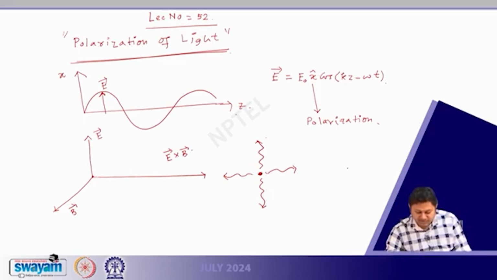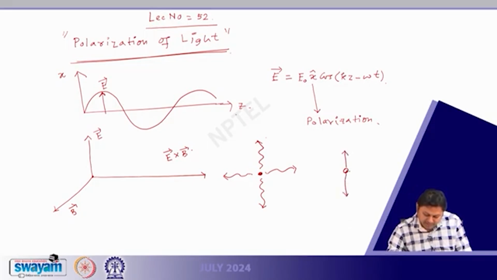So, if I look at a randomly polarized light, it will be polarized in all possible directions, and pictorially if I show, it will be like this. So, the electric field that is vibrating is showing all the directions.